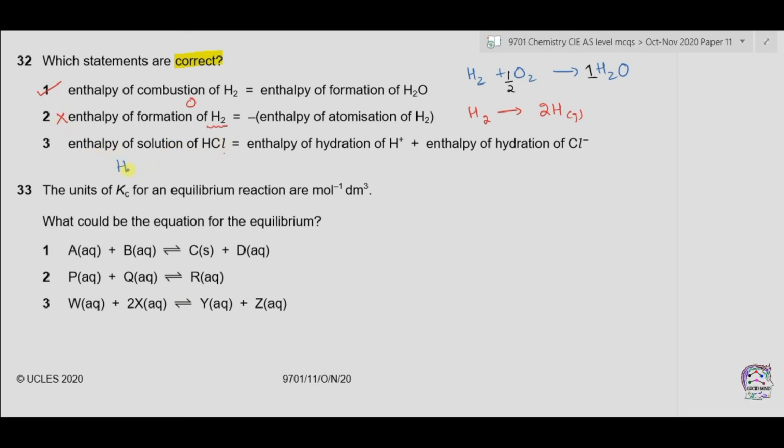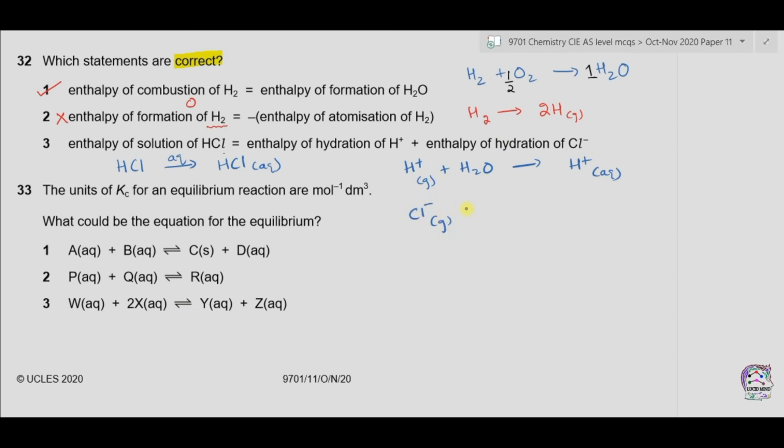Third is the enthalpy of solution of HCl. Now enthalpy of solution is the enthalpy change when 1 mole of HCl is dissolved in water to form an infinitely dilute aqueous solution. Second is the enthalpy of hydration of H plus ion. So we can write H plus plus water. It is hydrated to form H plus aqueous. Now it moves from gaseous state to aqueous state. Second is the enthalpy of hydration of Cl negative.